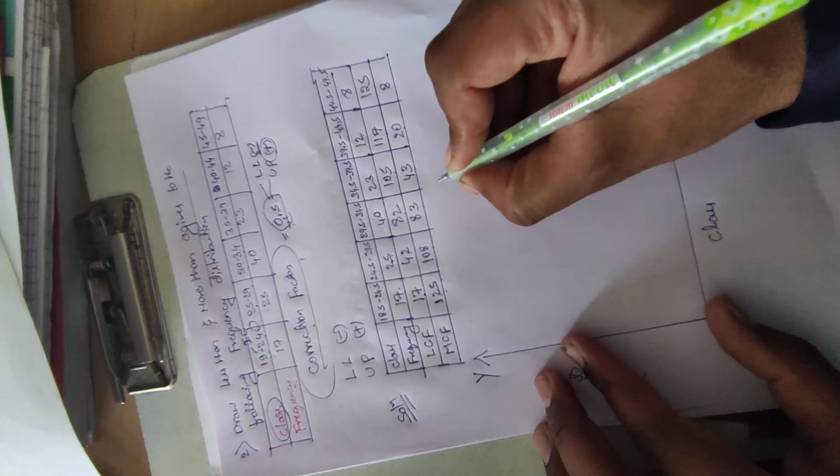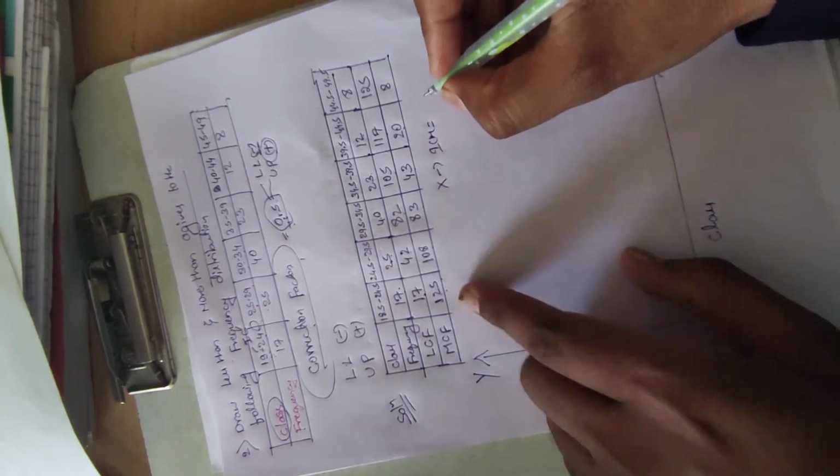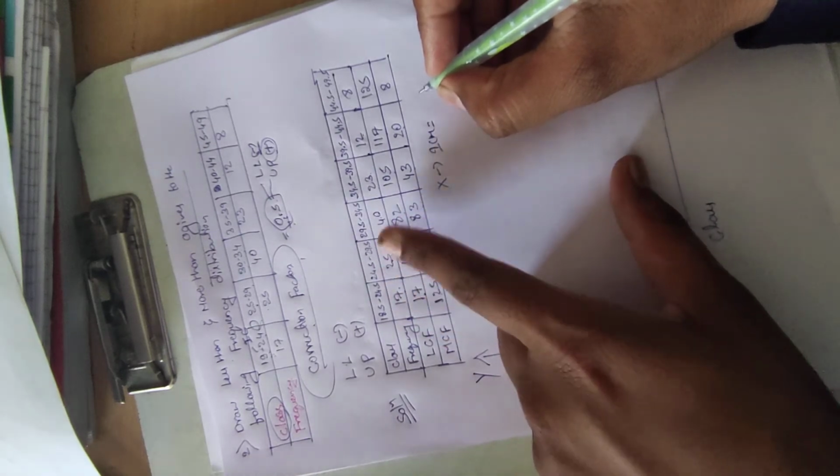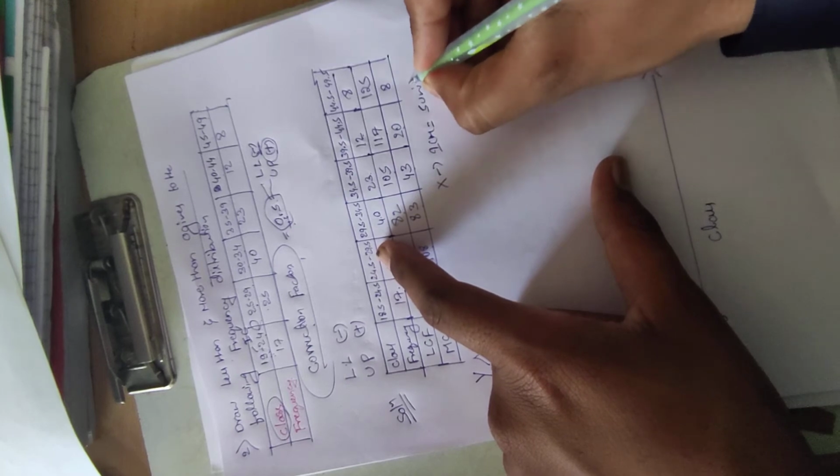In x axis 1 centimeter is equal to 5 units, because there is a difference of 5 between one class interval and another. I will take 5 units.